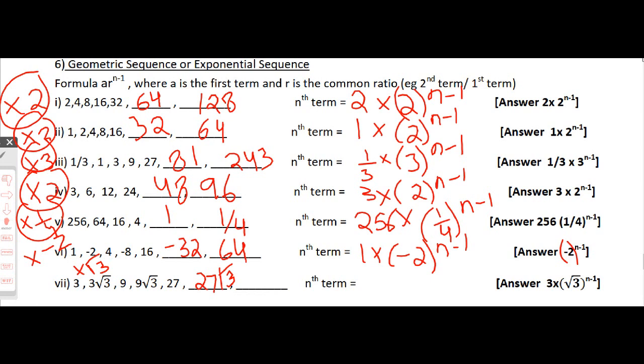And then 27 under root 3 times another under root 3 will be 81. So the nth term will be the first term, which is 3, times under root 3, which is the common ratio, power n minus 1.